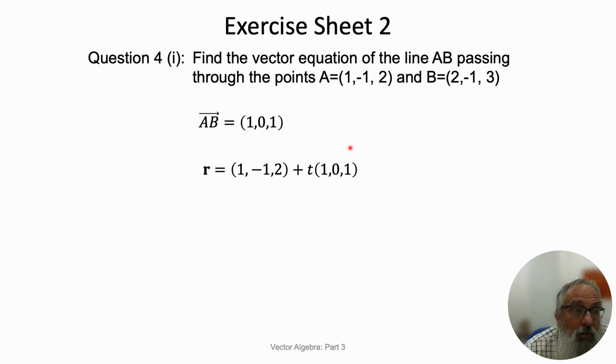And then we simply write r, being a point in the line, plus a multiplier times a vector in the line, which is our AB. We could also write r, the position vector, as a point in the line plus s, some different multiplier, times the vector in the line.